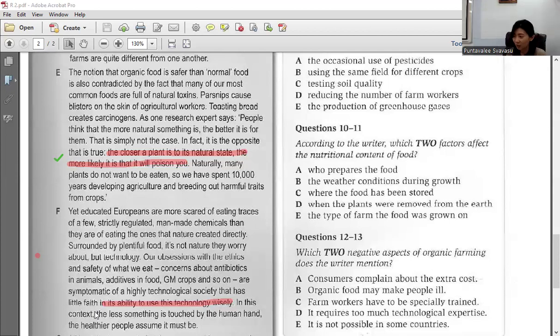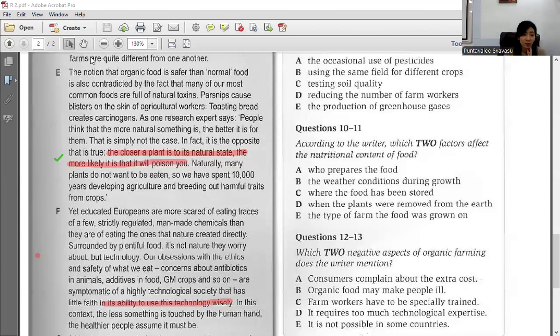We don't believe that we could use technology wisely. So it has nothing to do with how we train the farm workers, and nothing to do with expertise, because it actually talks about ability to use it, not the expertise itself or how we train. So choice C and choice D are wrong.